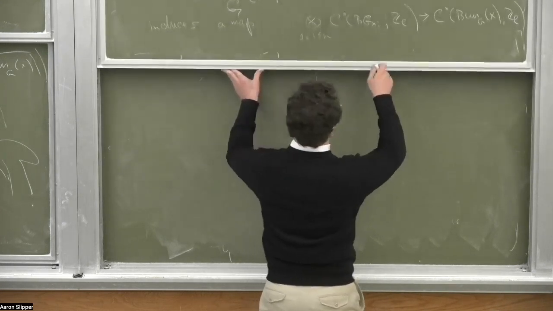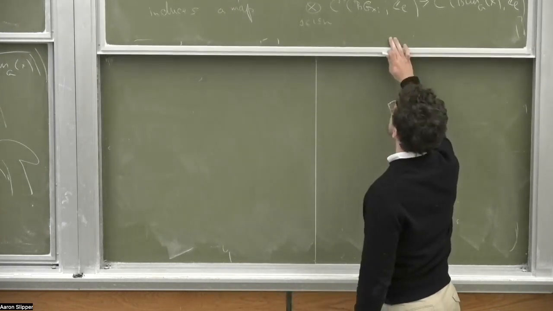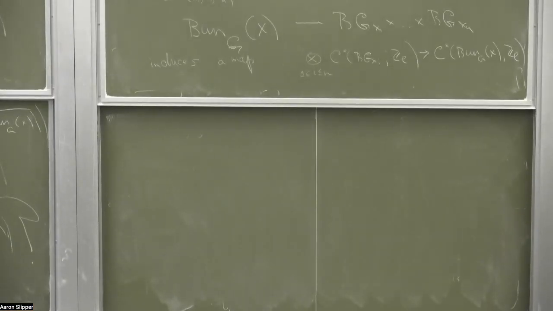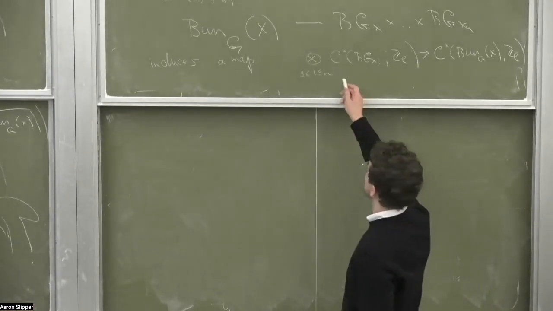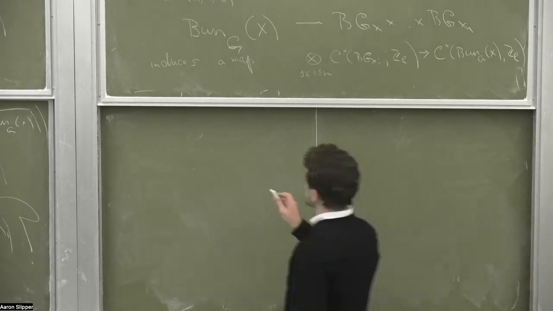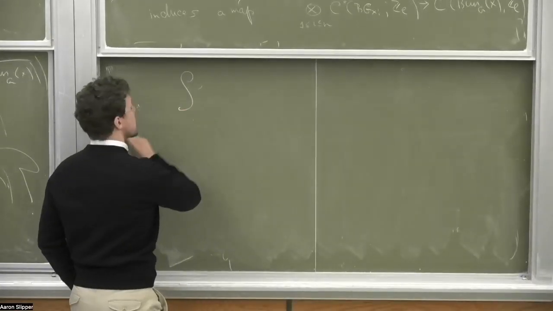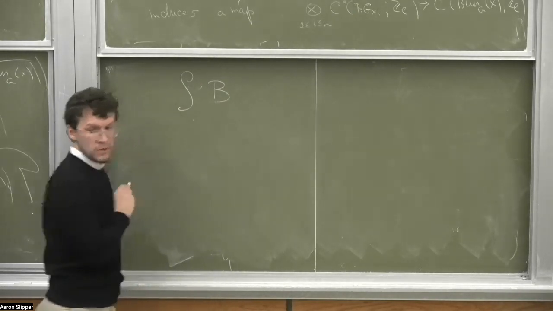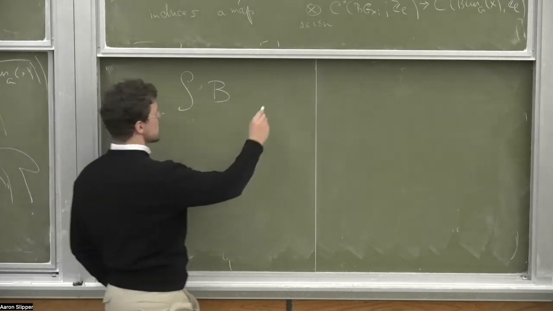So for any finite collection of points of the Ran space, you have a map like this. And it turns out that you can do it factorizably in all points of the Ran space, so that the left-hand side can be integrated, in the sense of chiral homology, which I will also define today.